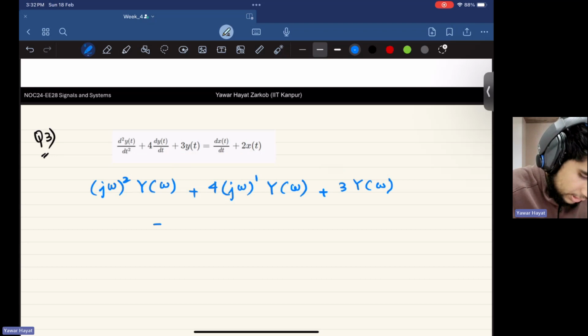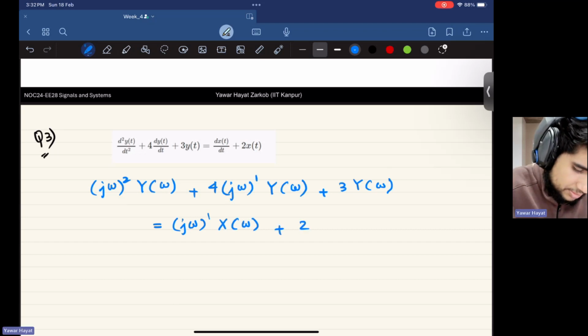Okay, so now this is equal to d by dt of x of t, and that is j omega raised power 1 x of omega plus 2 times x of omega.